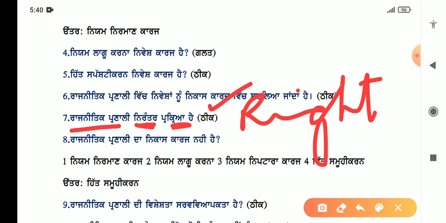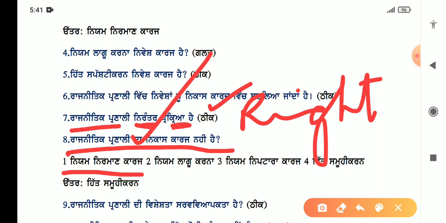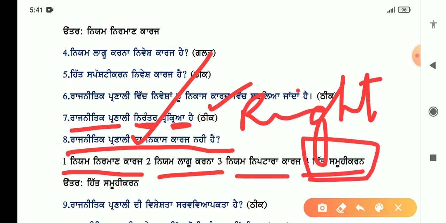Political system's output functions are, or we can say, one of the following is not a political system function: rule making, rule application, rule adjudication, and interest aggregation.